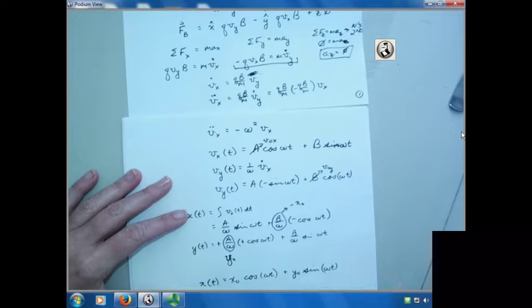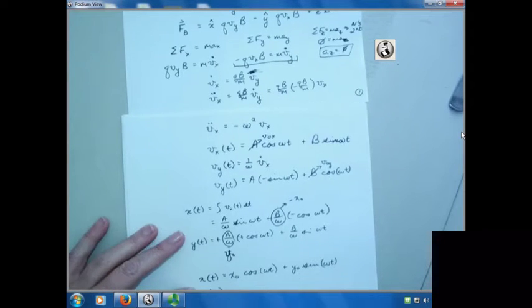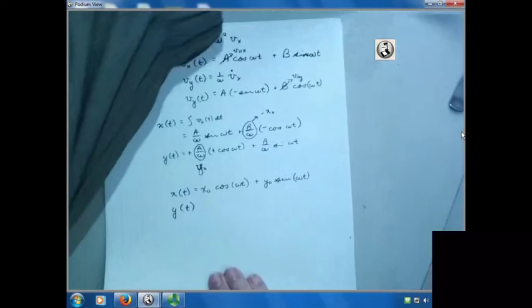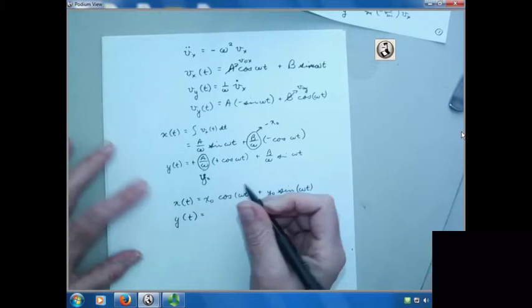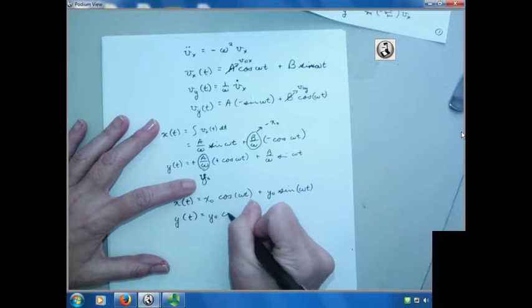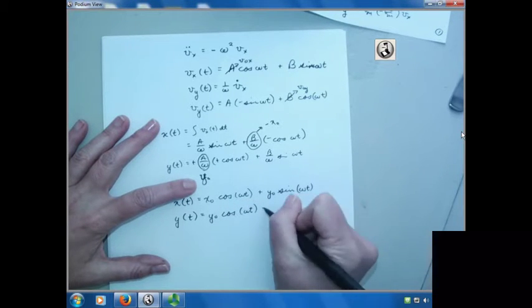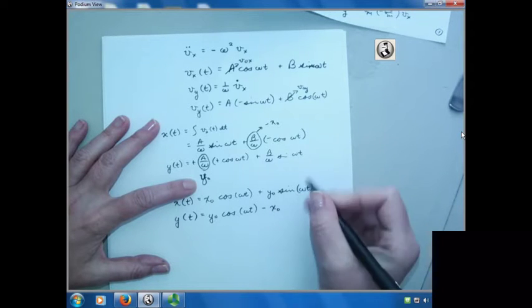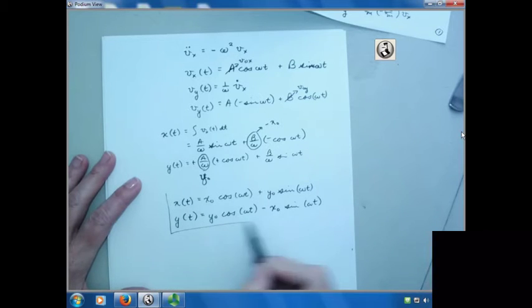And in 240, 250, we always had this object going about the origin, in a circular path in the xy plane. Y as a function of time then was equal to y naught cosine omega t minus x naught times sine omega t. And that was the solution we got before.